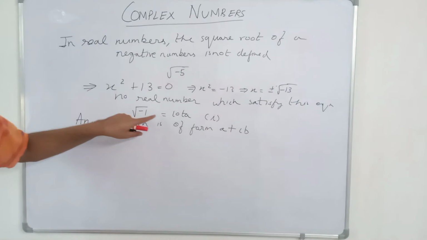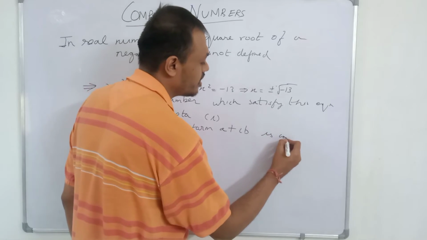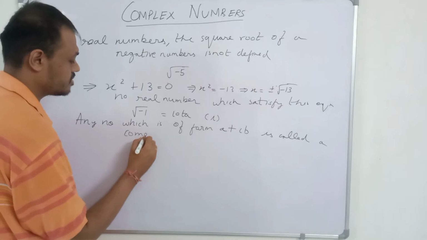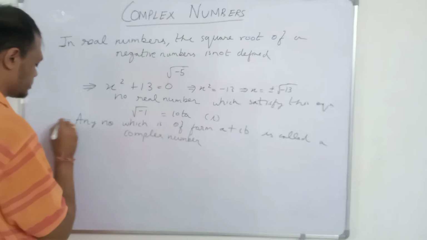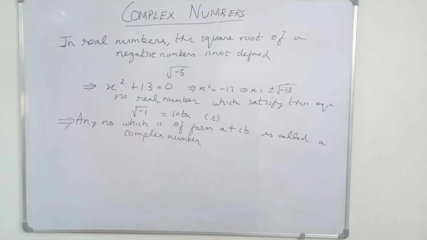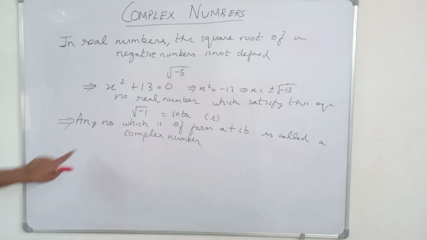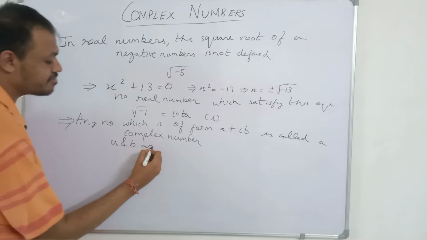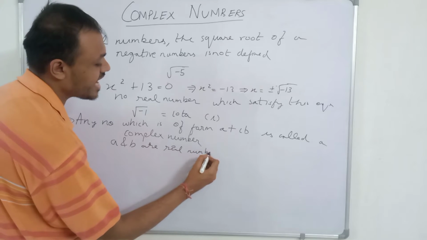We defined under root of minus 1 to be iota, which is denoted by i. So any number of the form a plus iota b is called a complex number, where a and b are real numbers. A and b can be any real number.